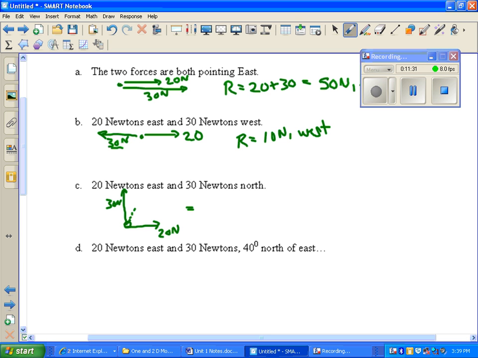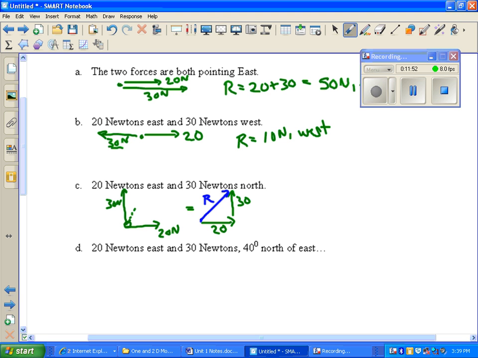I'm going to slide the 30 over, and now the 20 is going to be down here, and the 30 is going to be over here. Then if I'm trying to find my resultant, I draw it from the origin to the tip of the last vector I drew. So there is my resultant. I'll label that R for resultant. And how are we going to find the size of that thing?